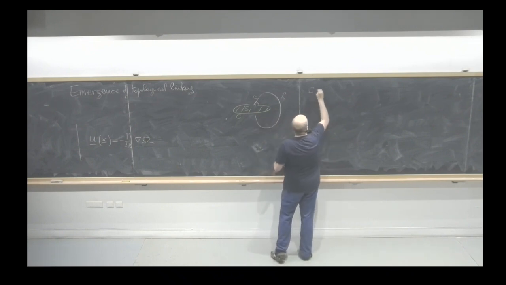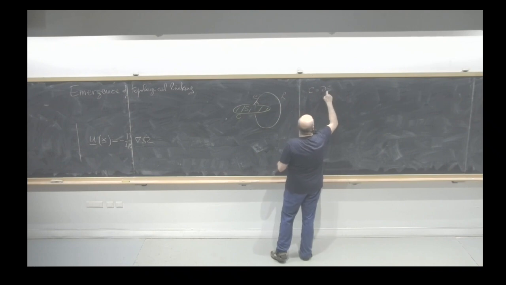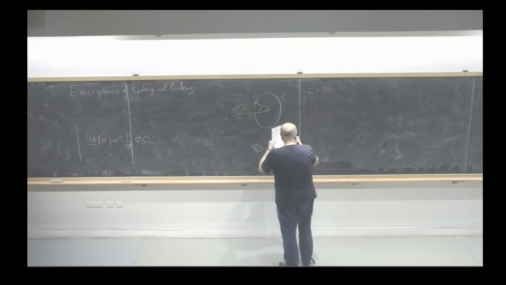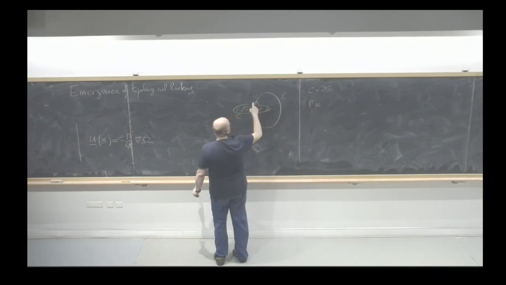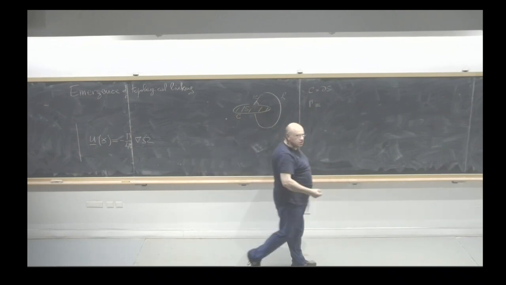Well, so C, I consider C as the boundary of this surface, and then I consider gamma, the flux of vorticity. Of course, you know what I mean, it's Stokes again.